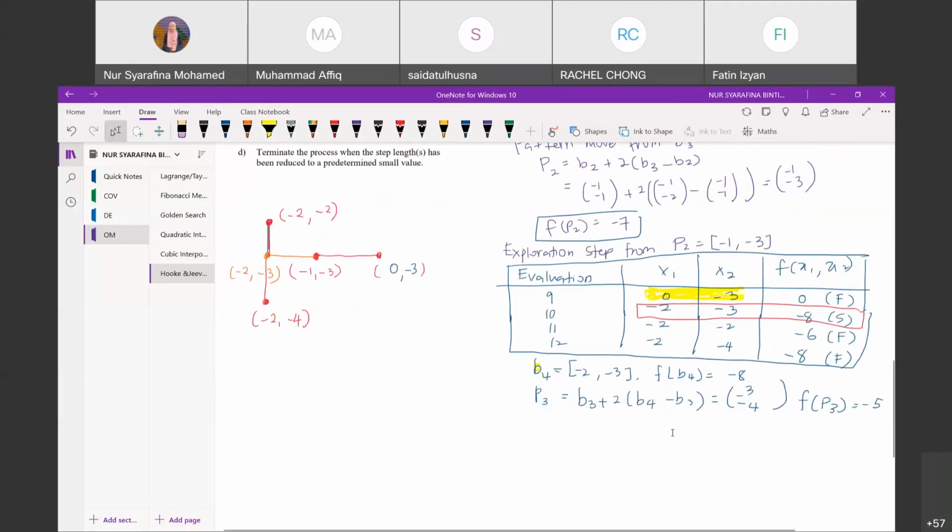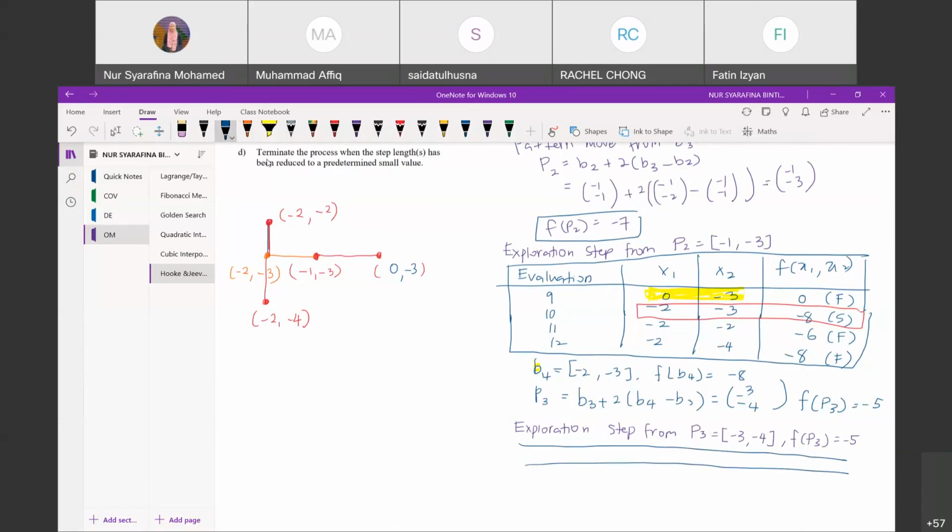Next, our exploration step now. So the next evaluation, evaluation 13.